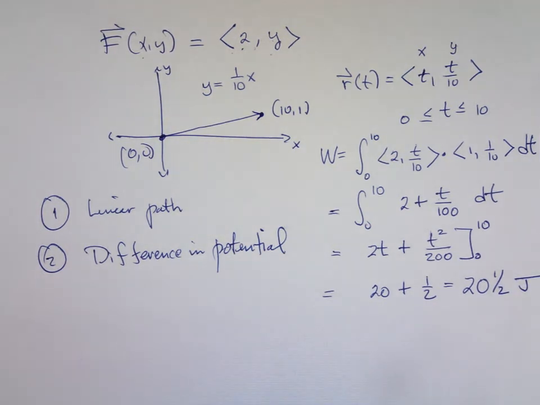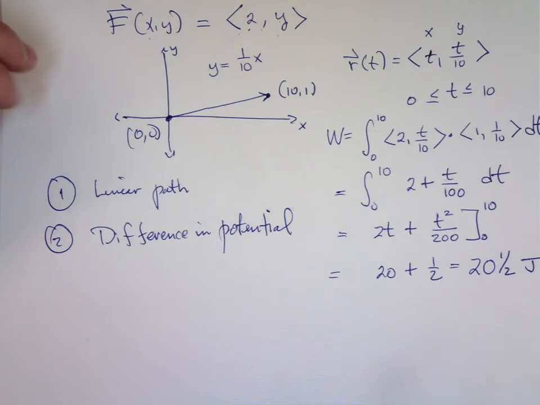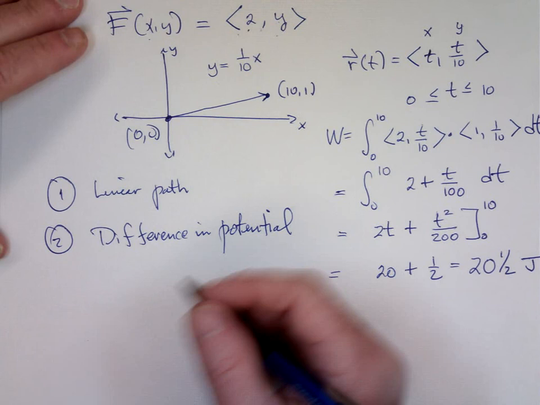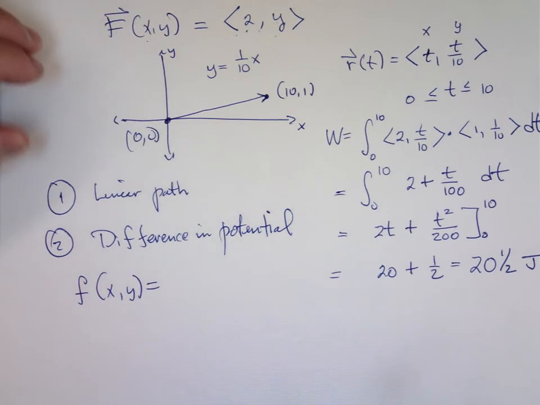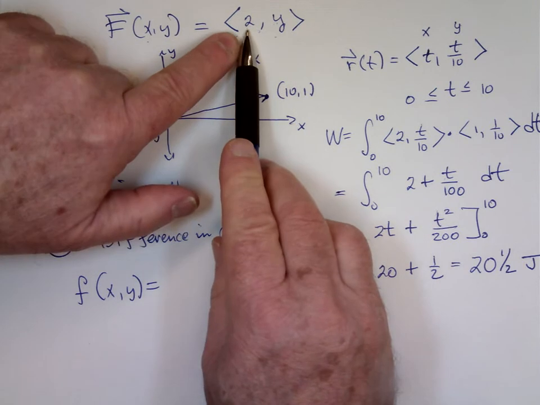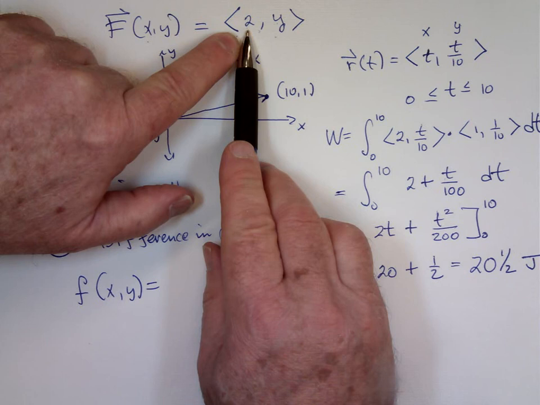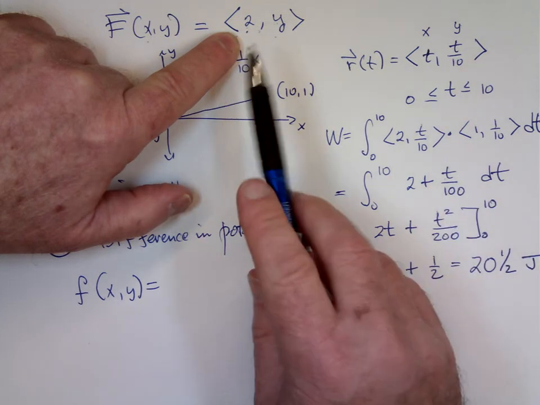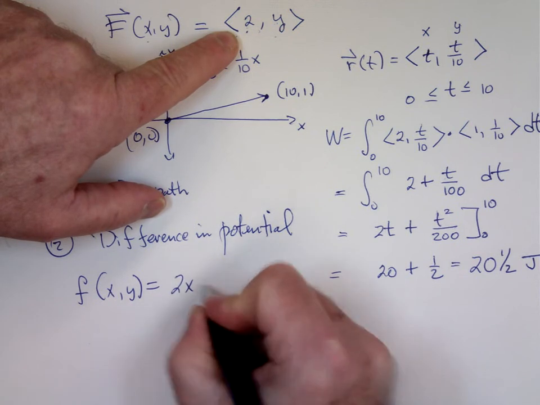Let's take the difference in potential. To find the difference in potential, we'll have to find the potential function first. Our potential function, f of x, y, is, what do we do? Well, you integrate the x component with respect to x, and you get 2x, plus some constant in terms of y. So it's 2x plus some constant, possibly in terms of y.